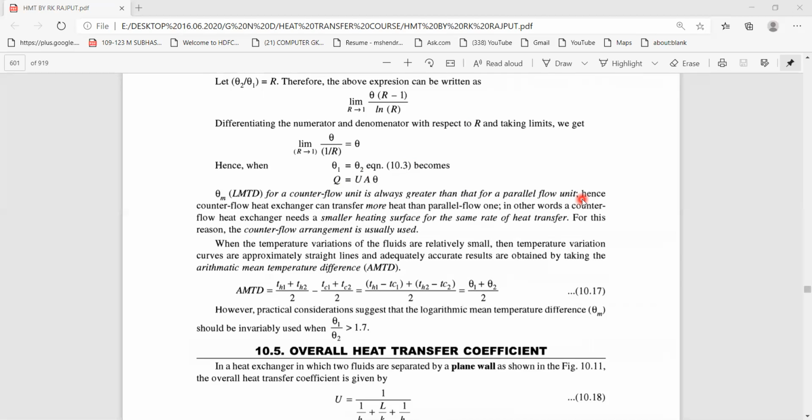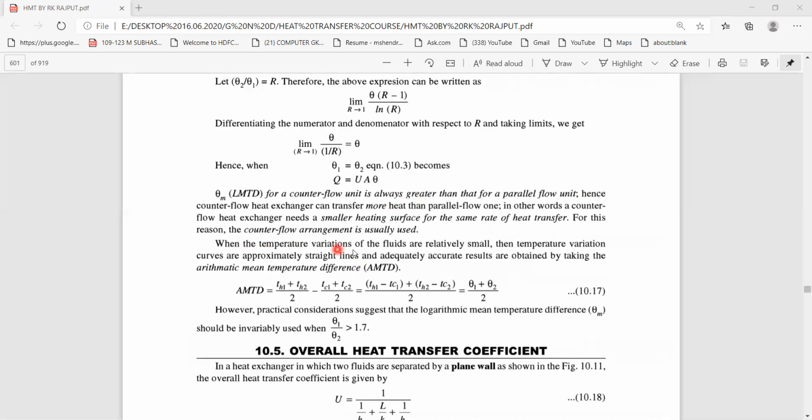That's why in almost all industrial applications, like petrochemical and chemical industries, wherever heat exchangers are used, counterflow heat exchangers are preferred, because for the same size the effectiveness is more than that of the parallel flow heat exchanger.